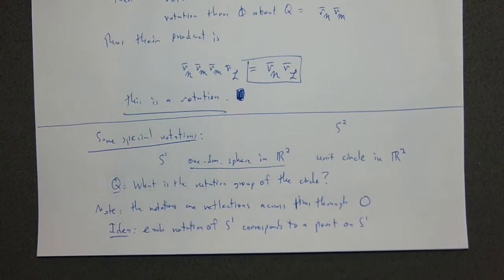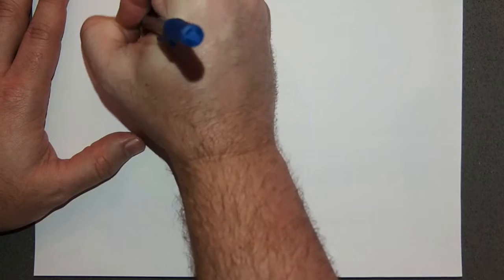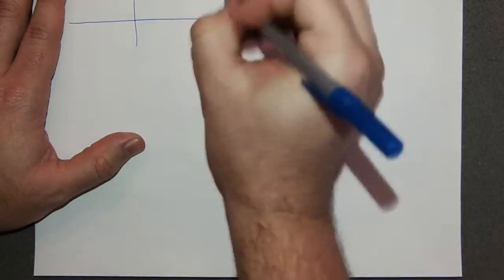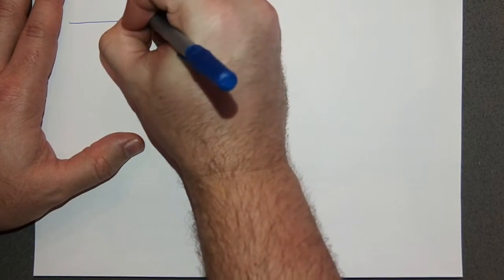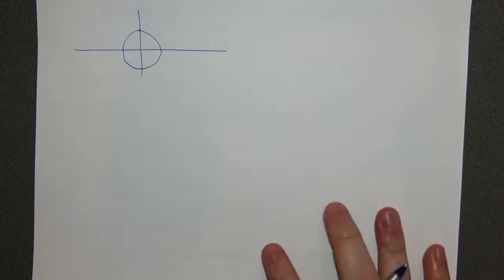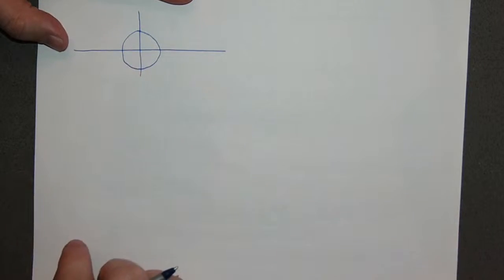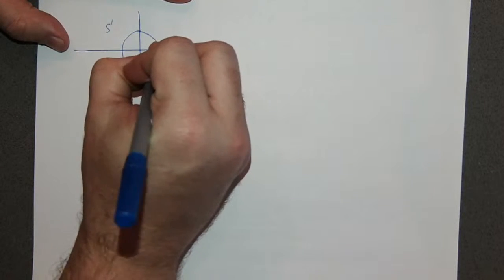How so? How does that work? Well, the idea, I'm not going to use my compass here. You're just going to have to deal with an ugly circle. The idea is, if I think of S1 sitting in R2 like this, pick a point, right?